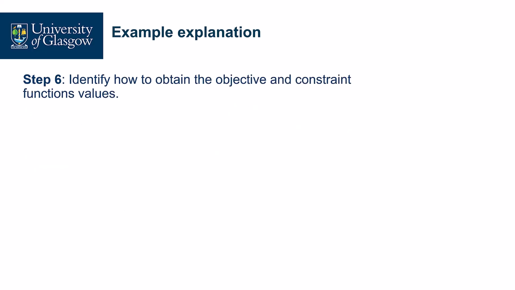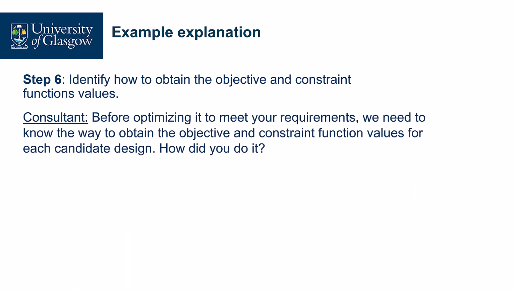Last step, we need to identify how to obtain the objective and the constraint function values, right? In engineering, most of them we can't calculate by writing some simple analytical equations, right? So for example in this case, before optimizing it to meet your requirements, we need to know the way to obtain the objective and constraint values for each candidate design.